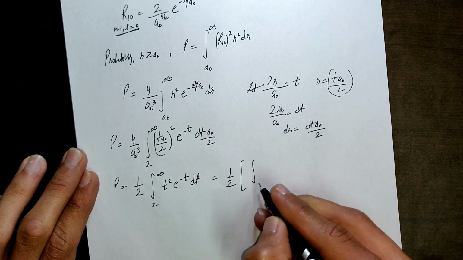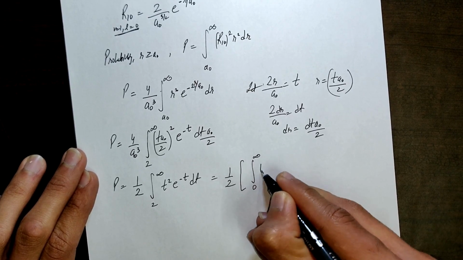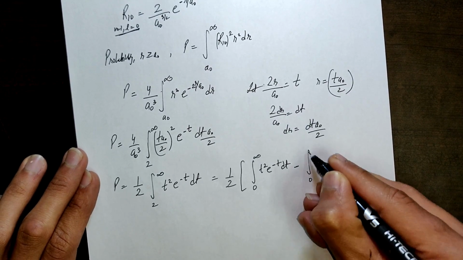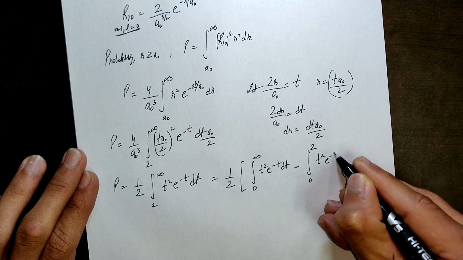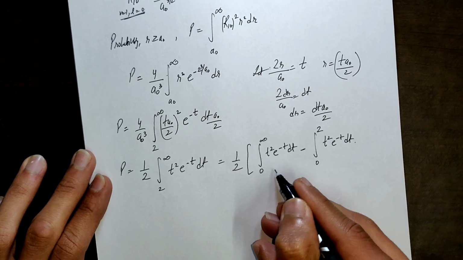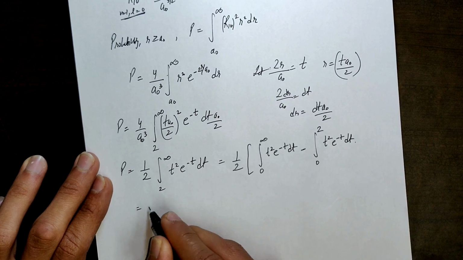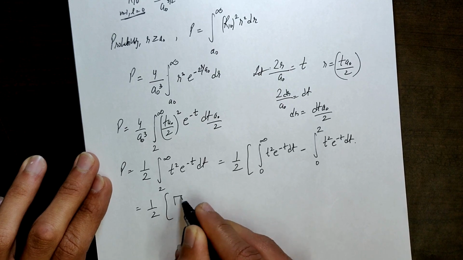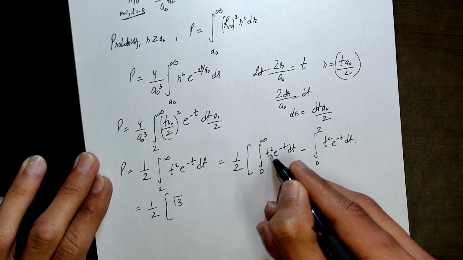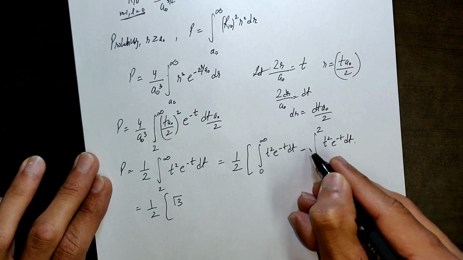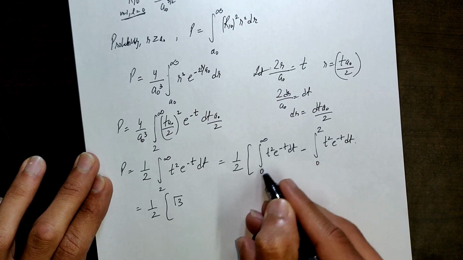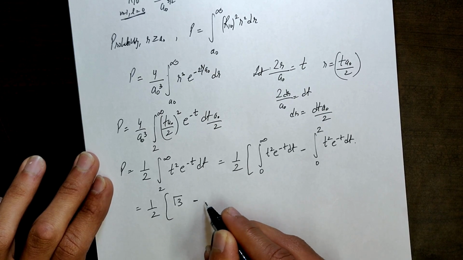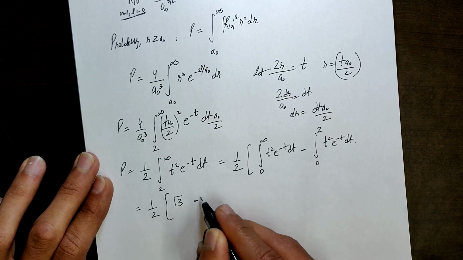We can write this integral in two parts: 0 to infinity t square e raised to power minus t dt minus integral 0 to 2 t square e raised to power minus t dt, and this is the gamma function. You can use the property of gamma function: integral 0 to infinity x raised to power n minus 1 e raised to power minus x dx is gamma n. So this is 3 minus 1, so gamma 3 minus, now we can solve this integral.